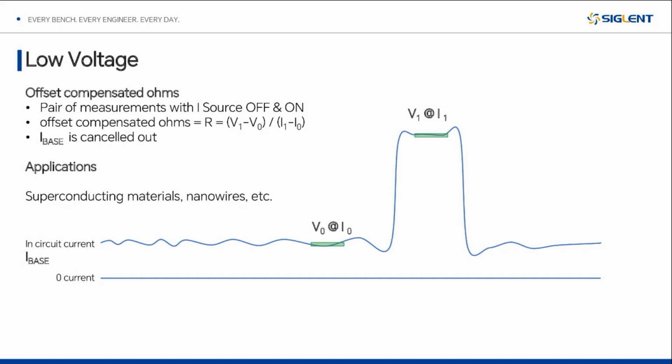So if you envision a measurement like this, where we really have one resistance measurement, but we're doing it in two pieces. We do a voltage and current measurement essentially in an off configuration, and then a voltage and current measurement in an on configuration.